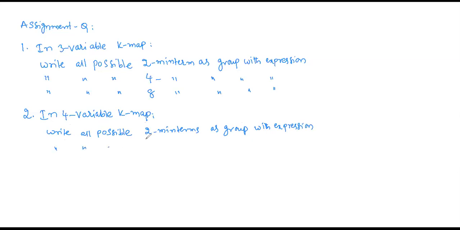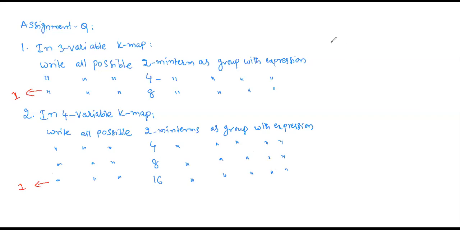Similarly, write all possible 4 minterms as a group. 8 minterms as a group with expression. Next, 16 minterms as a group with expression. This 8 minterms as a group and 16 minterms as a group, it is equal to 1 directly.